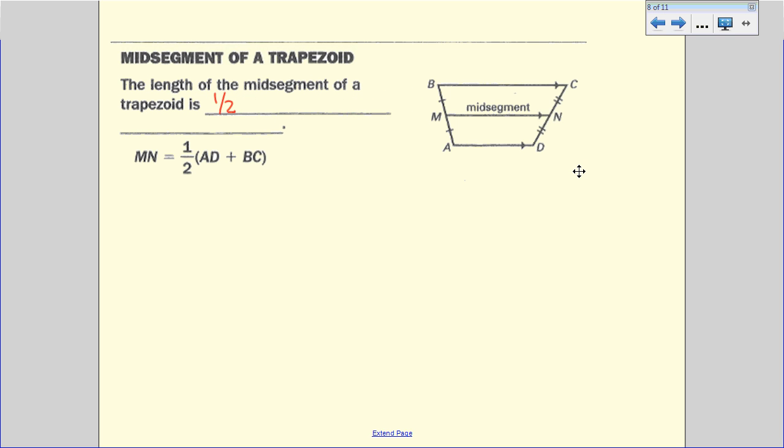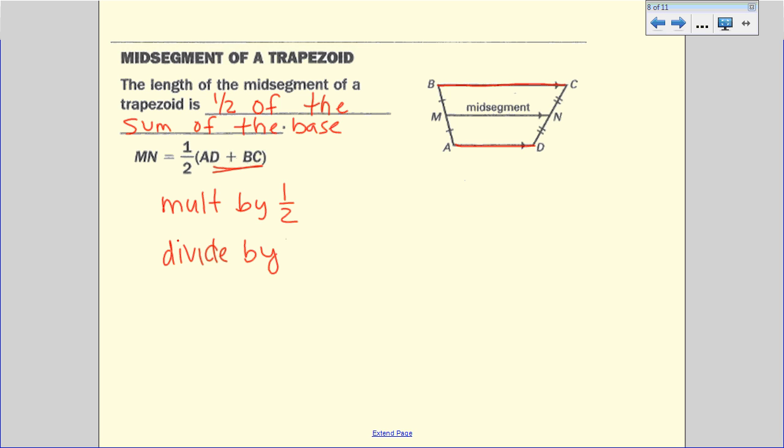It's actually 1/2 of the sum of the bases. So that's what we have in words. So we're going to take the two parallel sides, AD and BC. We're going to add them together first, do what's in parentheses, and then take half of that. Remember, you can multiply by 1/2, or you can divide by 2. Those are the same operation.